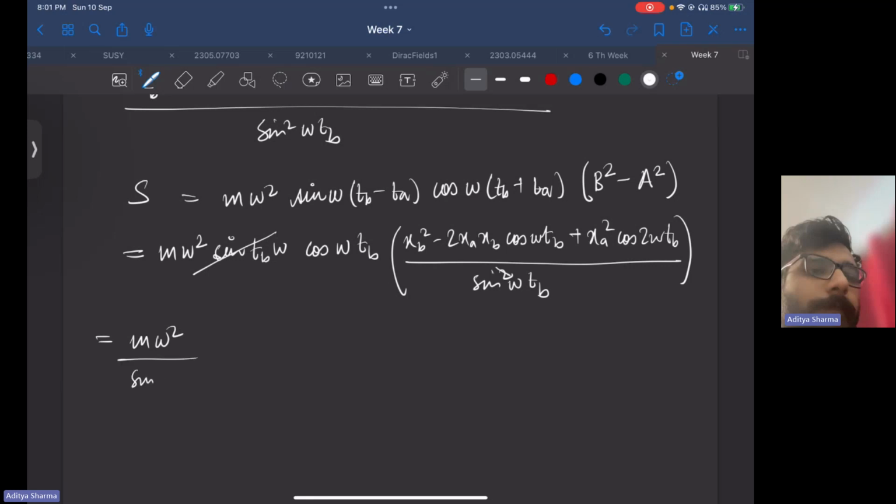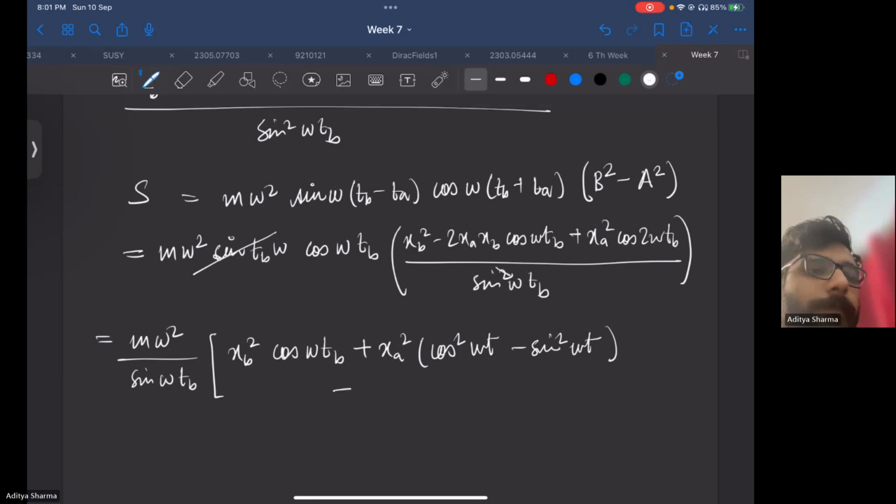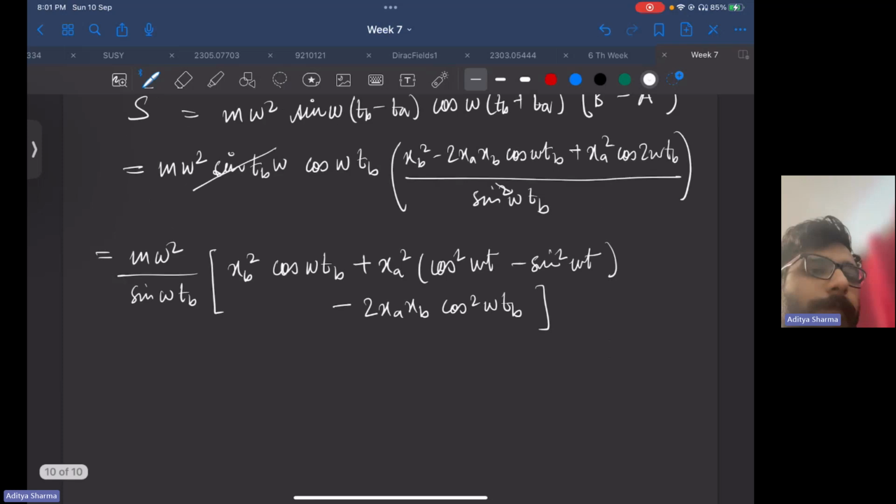I'm going to put it inside sin omega tb, xb square cos omega tb plus xa square. I'm going to open this again, cos square omega t minus sin square omega t, minus 2xa xb cos square omega tb, omega square sin omega tb xb square.